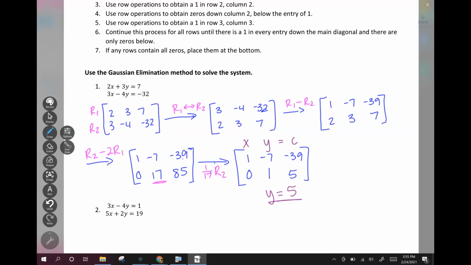So I know y equals 5. And now I can use this first equation, x minus 7y equals -39, to solve for x. I'll plug in 5 for y and solve for x.